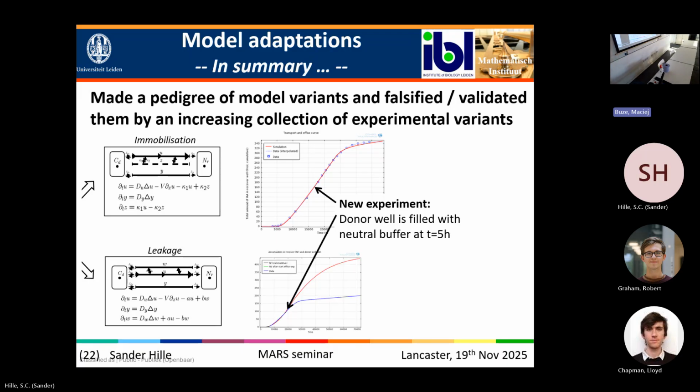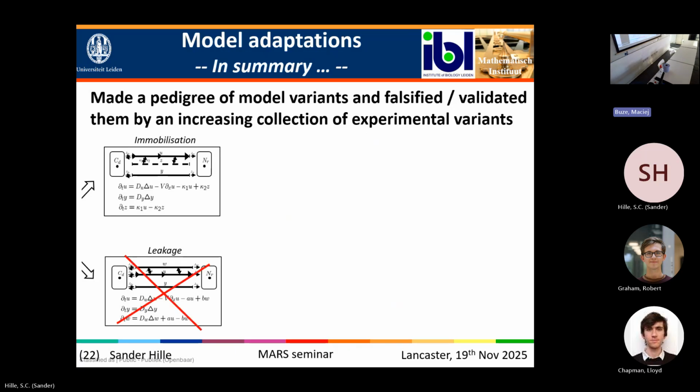If you looked at the leakage model, where blue is the data with interpolated data, the model didn't follow it. It wasn't able to. And also at the end of this experiment, it was completely off in the tissue profile. So this one needed to go out. So you're left with the top one.